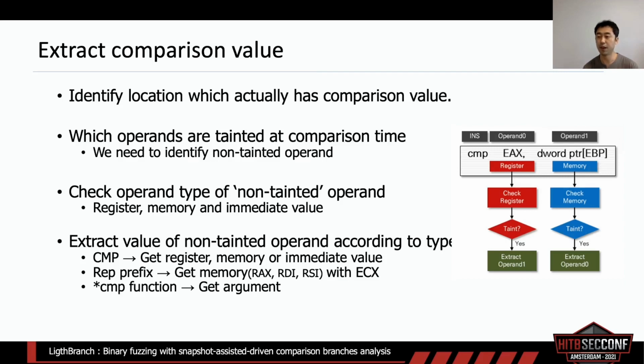In the CMP case, just get the register, memory or immediate value. In the REP prefix instruction case, get a string from memory by the size of the counter register. And in the compare function case, just get the argument value.